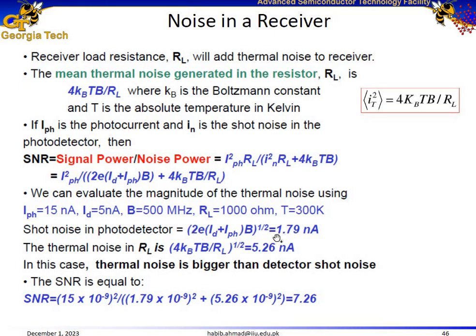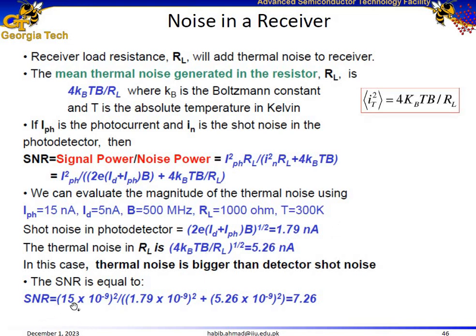The shot noise in a photodetector turns out to be 1.79 nanoamps. Similarly, we have an expression for thermal noise as well. Put in these values into this expression, and the thermal noise turns out to be 5.26 nanoamps. So it turned out that thermal noise is much bigger than the quantum noise in a photodetector.